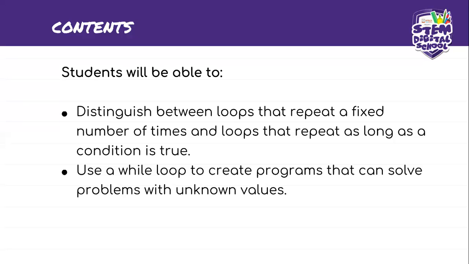If we don't know how many times a certain action needs to be performed, we will use a while loop. While that condition is true, it will keep going until it is finished or until there's nothing more to perform.